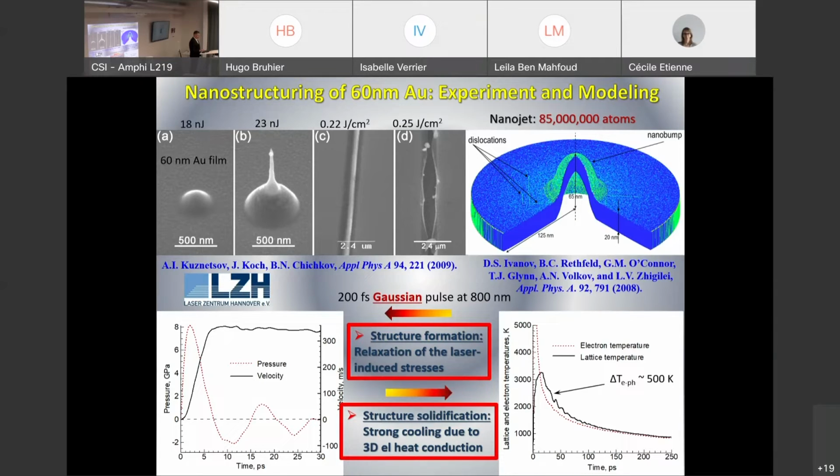But then, due to extremely fast electron heat conduction in three-dimensional space, the temperature of electrons goes even below the lattice temperature, providing cooling for the molten material and acting as efficiently as a freezer. And that's the reason for the fast solidification of this growing nanofeature.